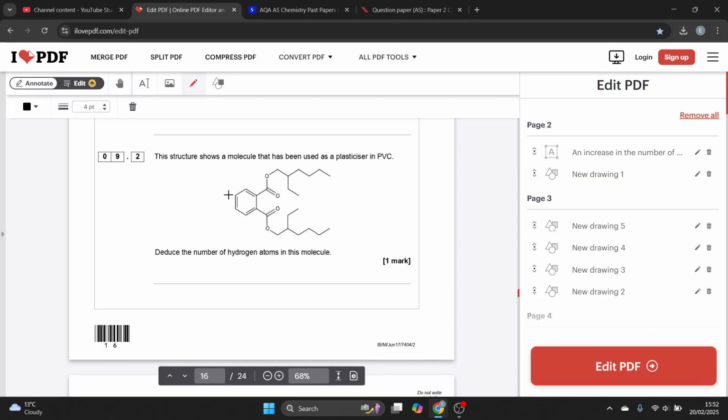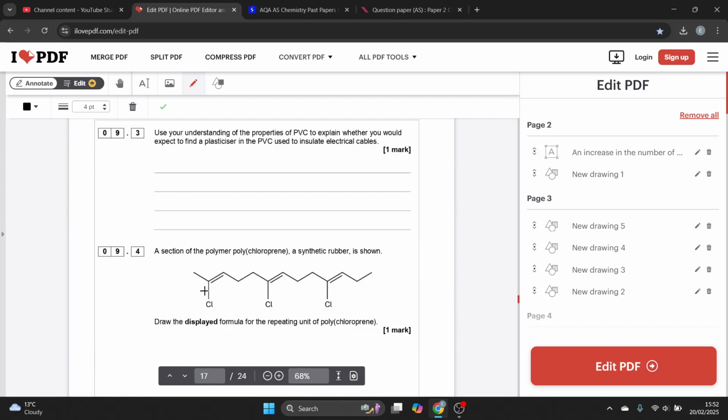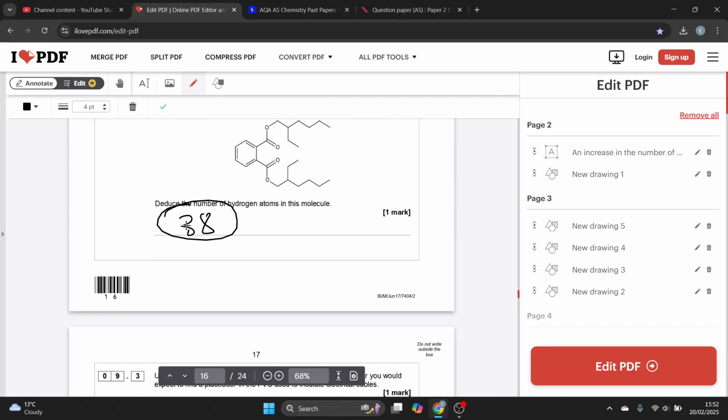Give the number of hydrogen atoms in this molecule. Well, you're going to have 1, 2 there, 1, 2, 3, 4, 5, 6, 7, 8, 9, 10, 11, 12. You get the point, just count them and you should get 38 hydrogen atoms. Use your understanding of the properties of PVC. Explain whether you expect to find plasticisers in PVC used to insulate electrical cables.